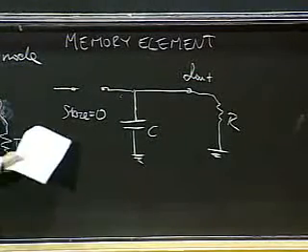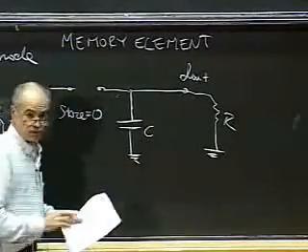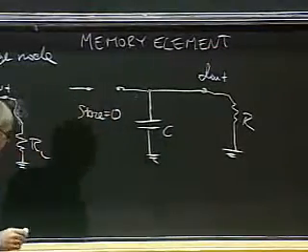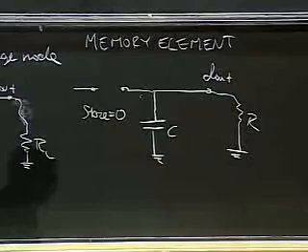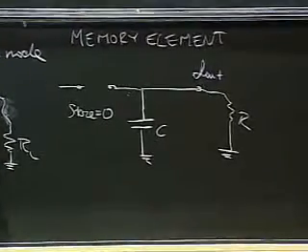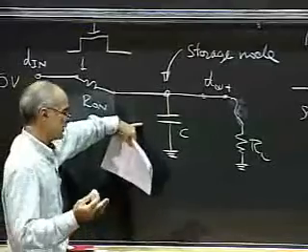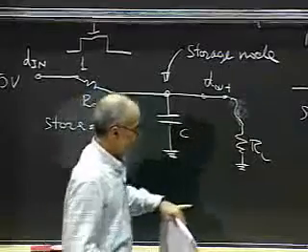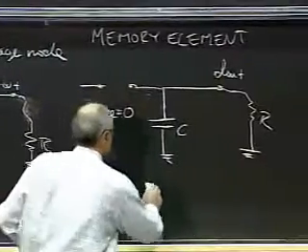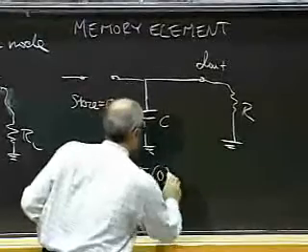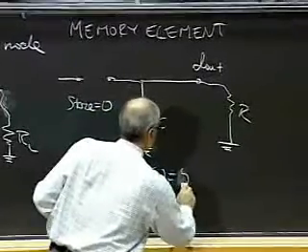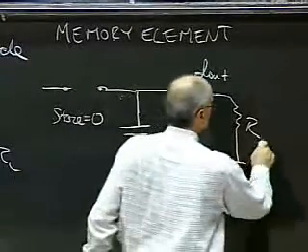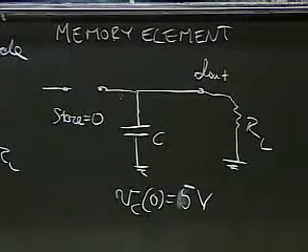So what we have in this case is a problem similar to what I was discussing earlier. It's a ZIR, if you like, situation. You can think of it as a ZSR if we were starting with 0 charge on the capacitor. But I'm interested in this part. So in this case, I'm starting with a VC of 0 equal 5 volts. And I'm asking myself, how long will this cell hold the value?